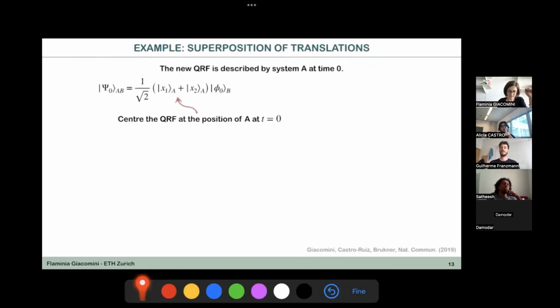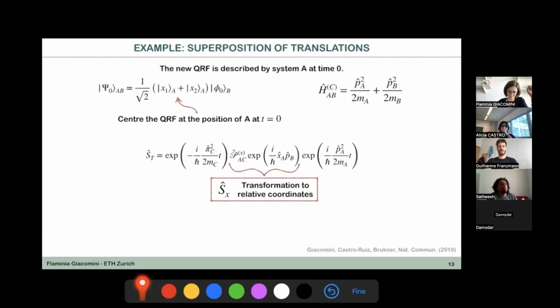So let's take at some time x equal to 0, this time is arbitrary, but let's just decide that it's equal to 0. The state of A is to be in x1 plus x2. And this defines the origin of our new quantum reference frame. And then the state of B is anything.